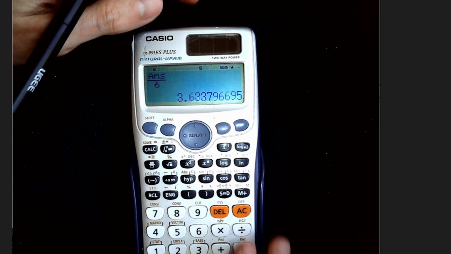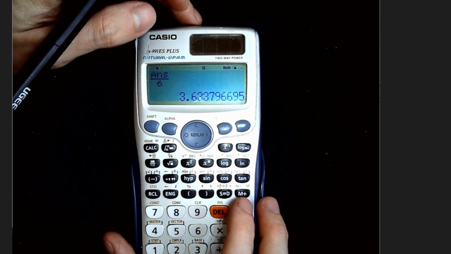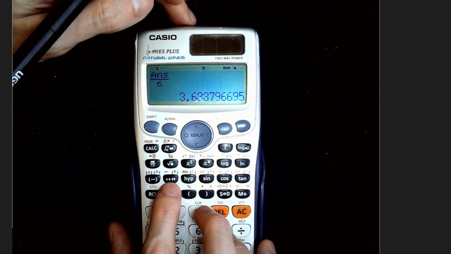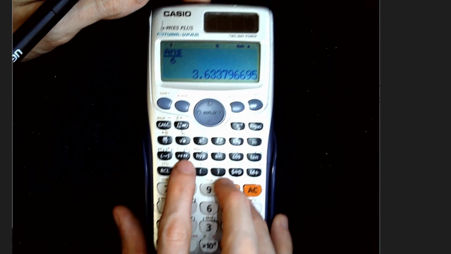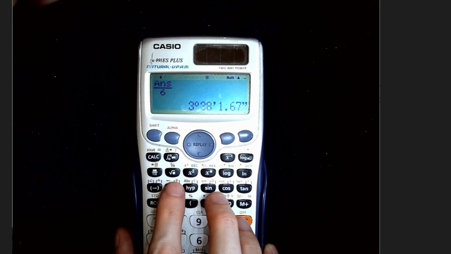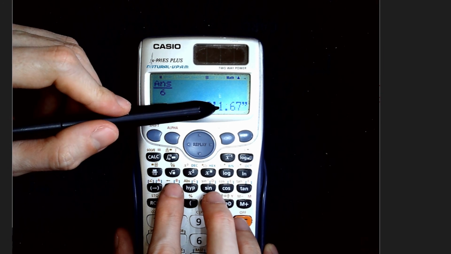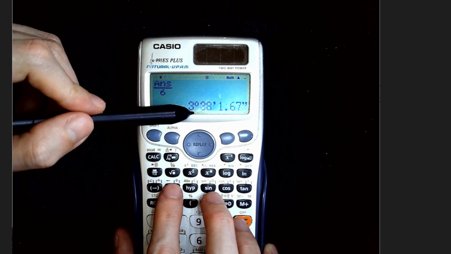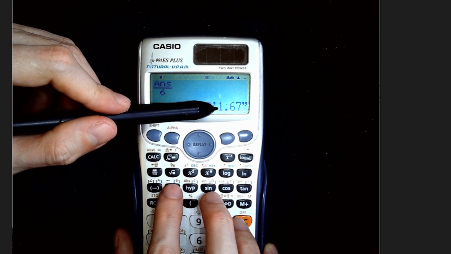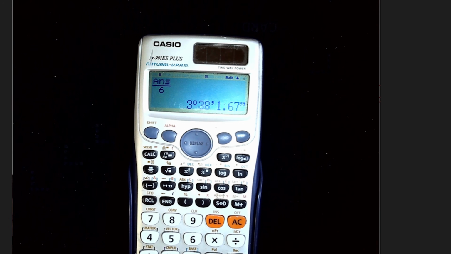There's this button here that you can see. If I press that button, it changes it into hours, minutes, and seconds. So 3 hours, 38 minutes, and 1.67 seconds. So 3 hours, 38 minutes.